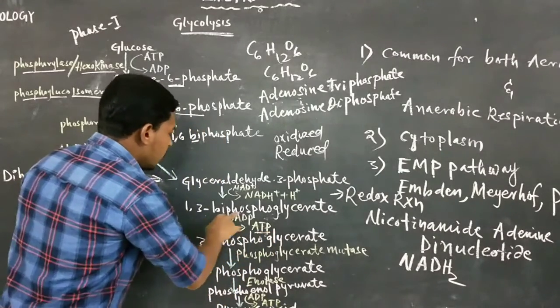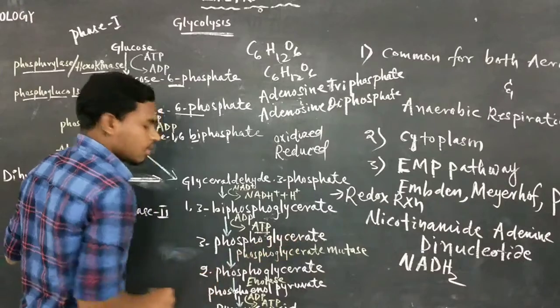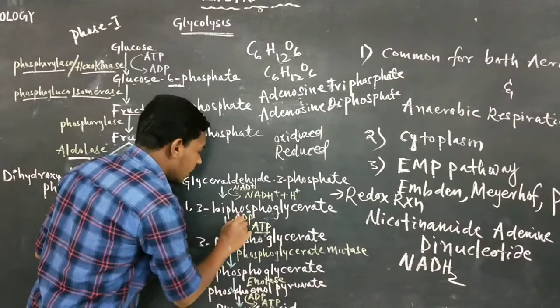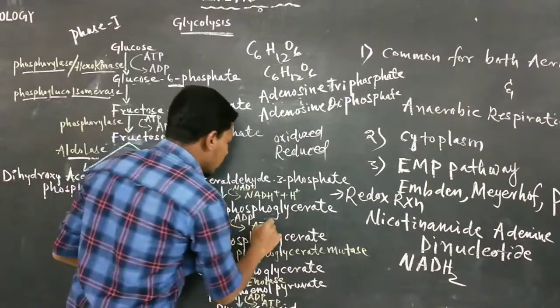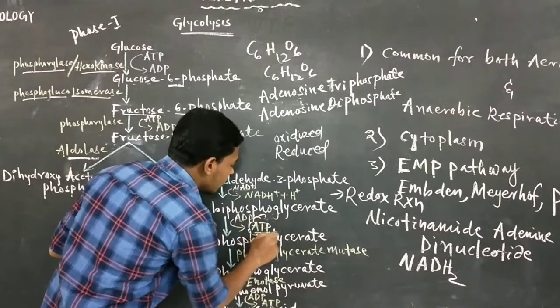So 1,3-bisphosphoglycerate gets converted into 3-phosphoglycerate, and ADP gets converted into ATP, and now ATP synthesis takes place.